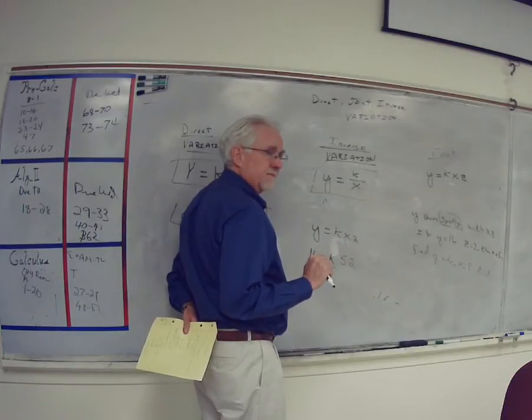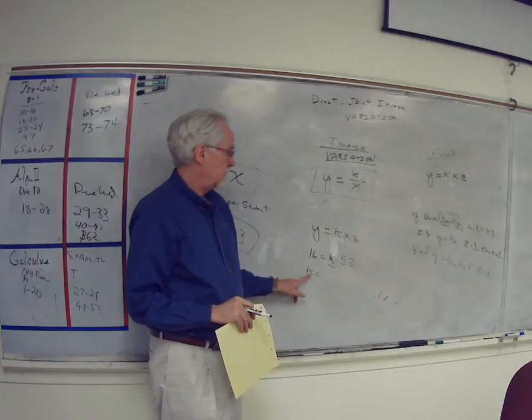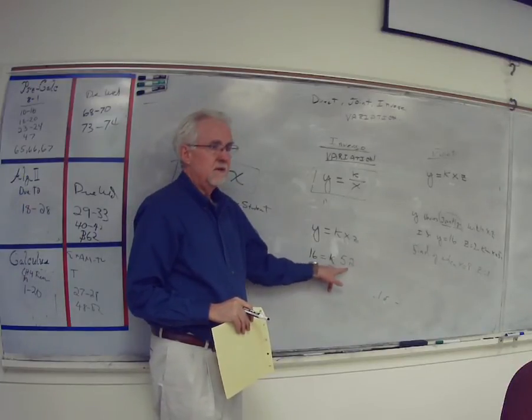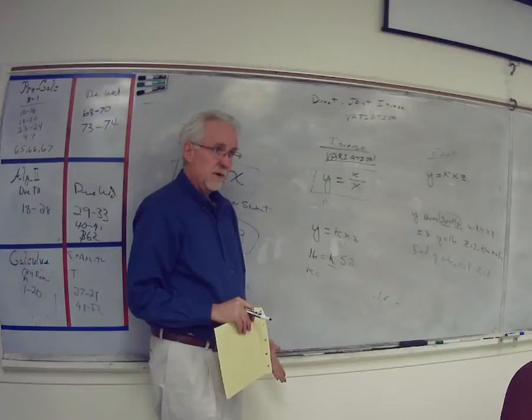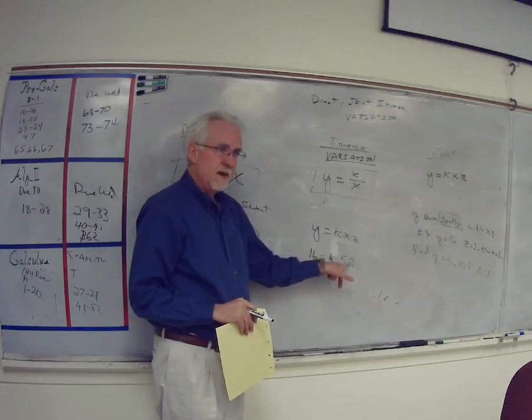Yes. Okay. I'm trying to get what by itself? K. So I need to get rid of the what? The 5 and the 2. So how do I get rid of them? Multiply them.